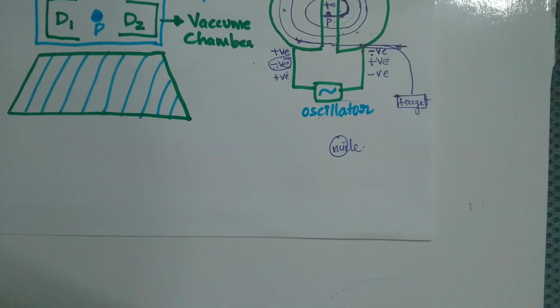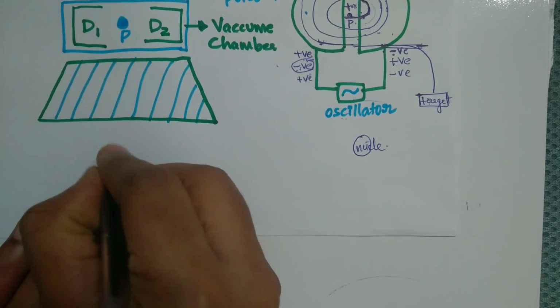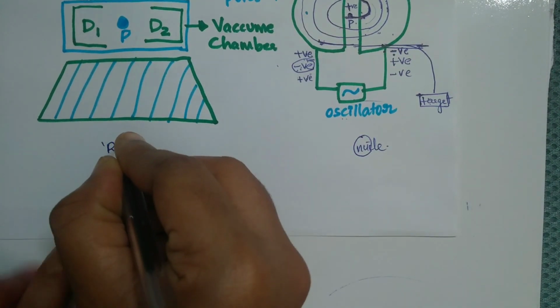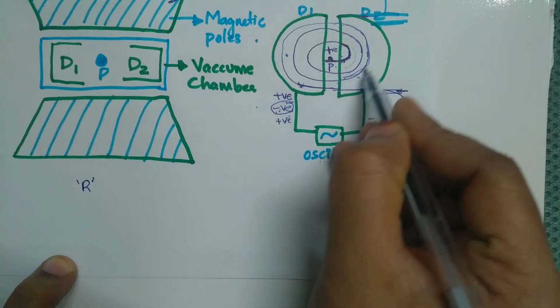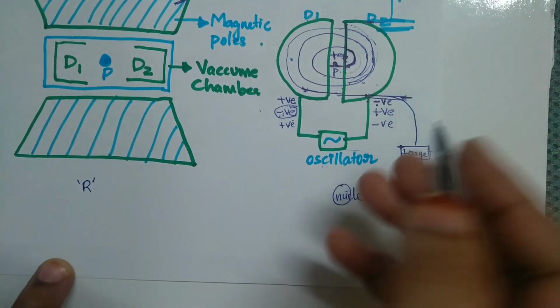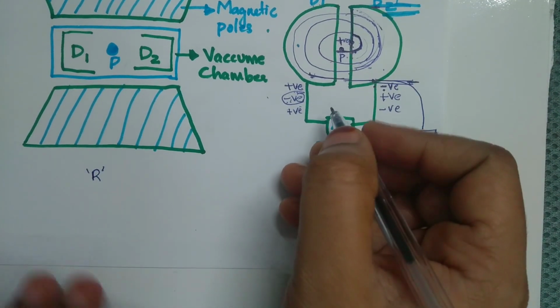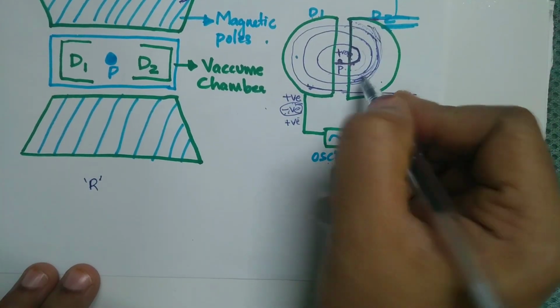Suppose R is the radius of this outermost orbit. From this point to this, R is the radius of this outermost orbit, and the velocity while moving in this outermost orbit is V max.